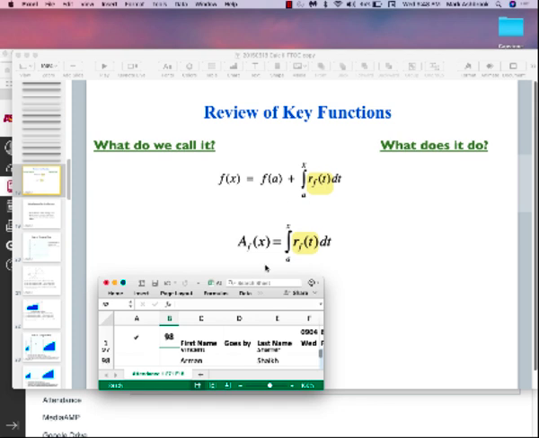Okay, where is... Tell me, what do we call this function? What's that? The second one, what do we call it?